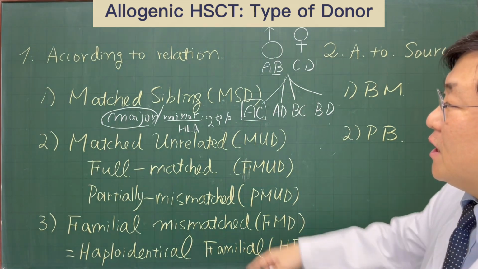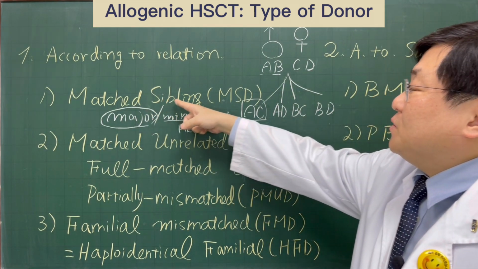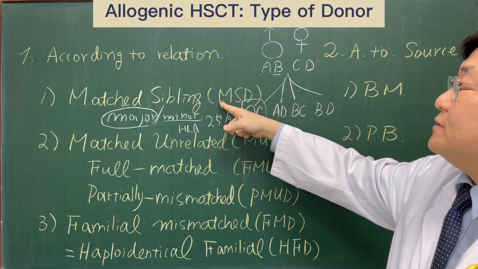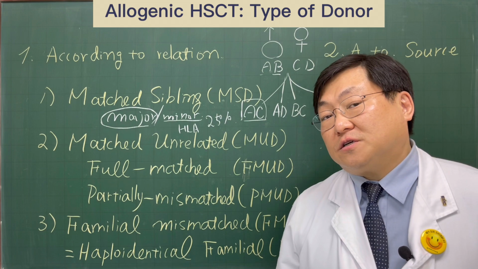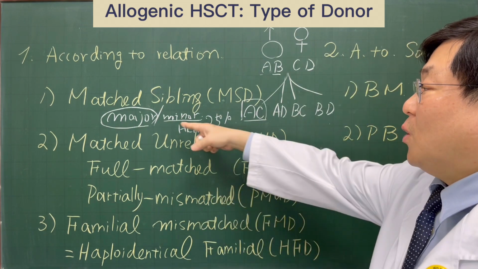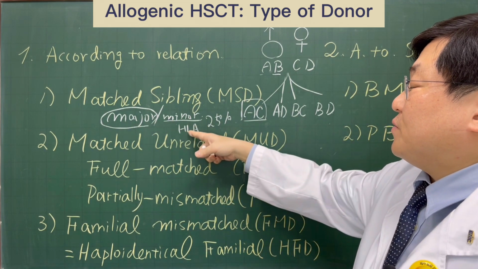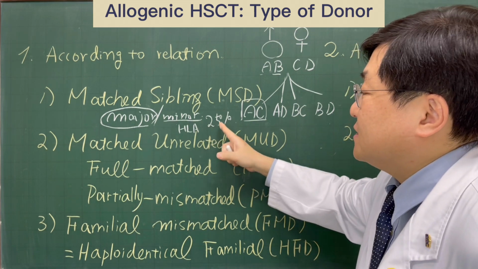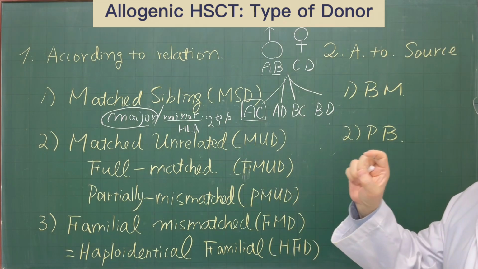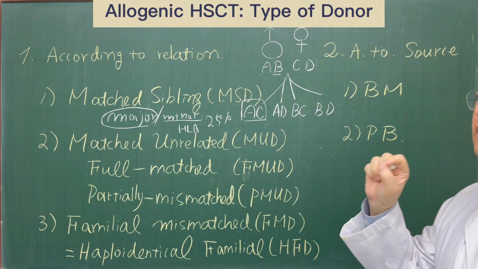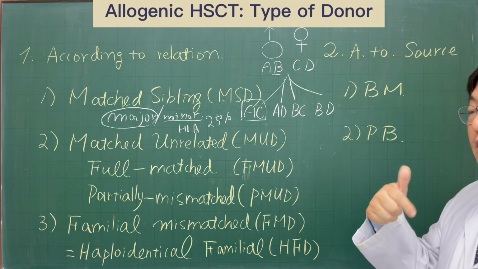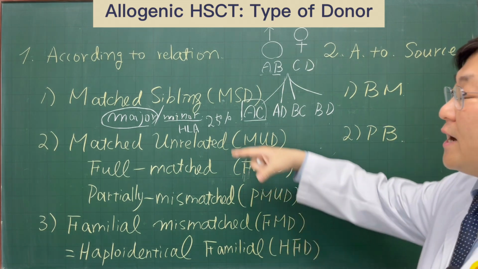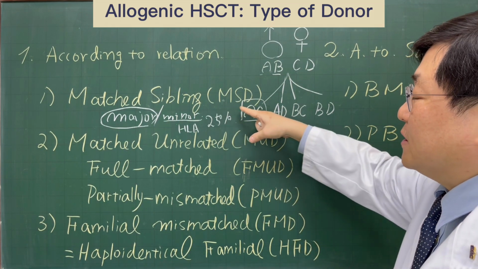So the matched sibling donor is at any time the best available donor when we do the allogeneic cell transplantation, because all the major and minor HLA will be exactly the same, and the possibility of graft rejection and GVHD will be very minimal for this kind of matched sibling donor.